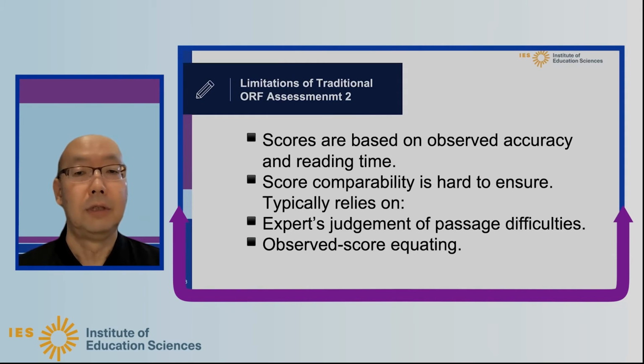Second, scores are based on the observed accuracy and reading time, so score comparability is hard to ensure. Score comparability typically relies on expert judgment of passage difficulties, and sometimes equating is done, but traditional observed score equating is the best we could do.